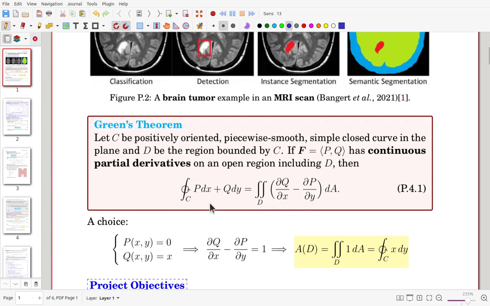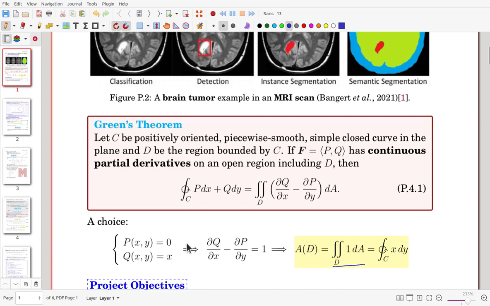We'll apply this formula with a special choice. P is 0, Q is x. Then the Q x derivative is 1, and the P y derivative is 0. So this quantity is 1. So in this position, there will be 1, and this integral is the area of the region.